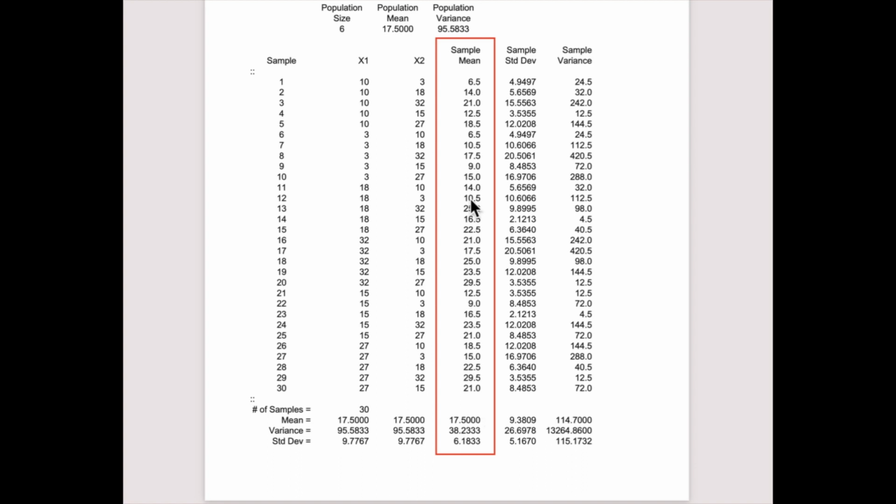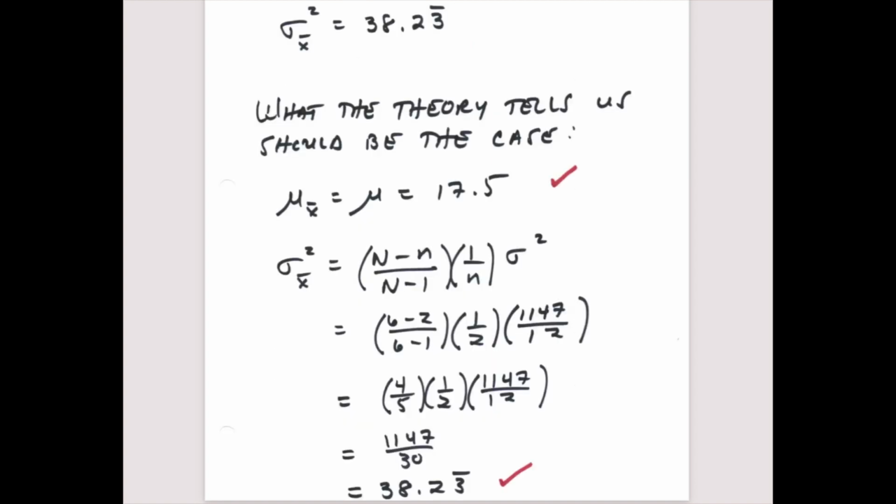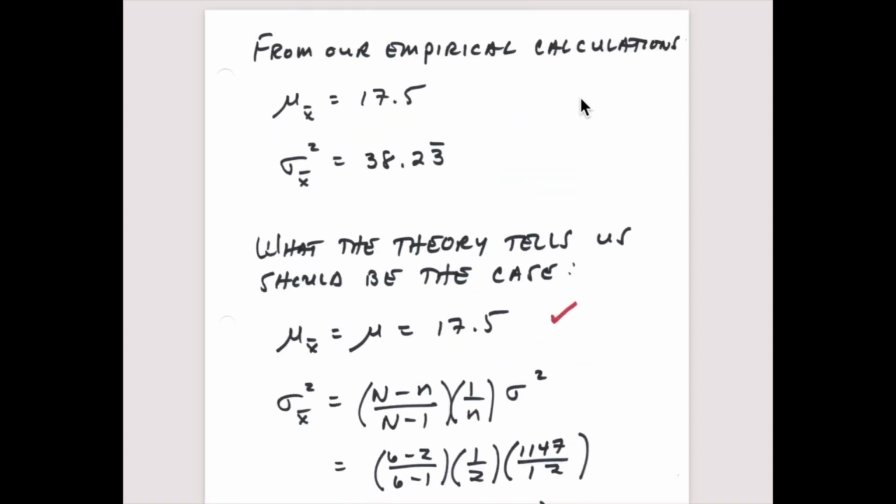So based on this empirical calculation, the mean of the sampling distribution of the sample mean is 17.5, and the variance of the sampling distribution of the sample mean is 38.2333. Again, from our empirical calculations, mu sub x bar is 17.5, and sigma squared sub x bar, the variance of the sampling distribution of x bar, is 38.23. So this is what we get empirically.